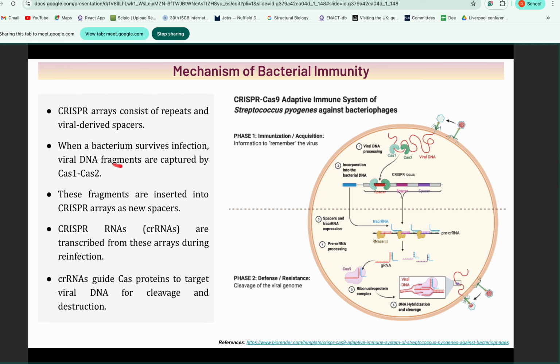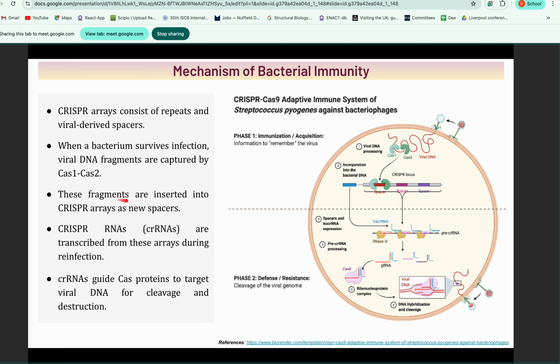Now they have that viral DNA in them, so it will be captured by the two proteins. As you can see, viral DNA is processed by Cas1 and Cas2 and incorporated into the bacterial DNA. This is how the spacer is created in between the repeat sequences.